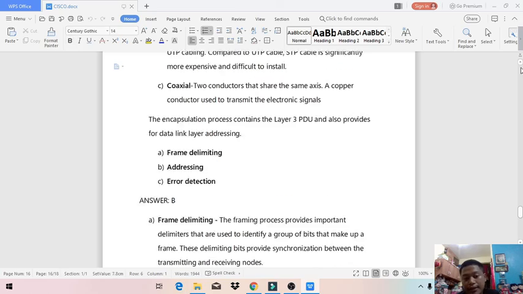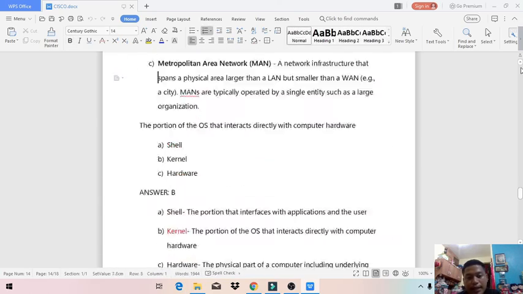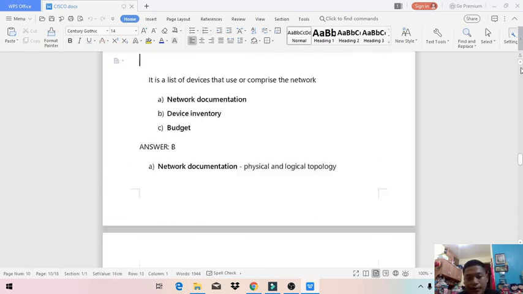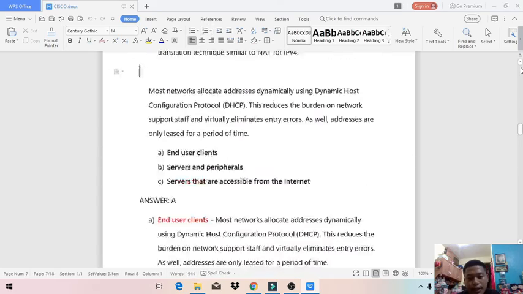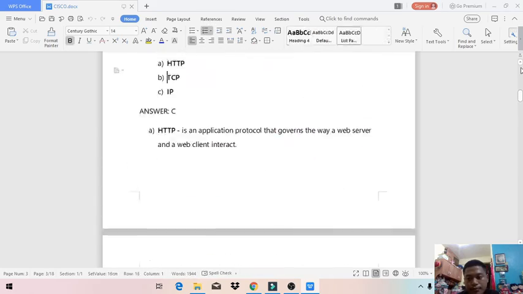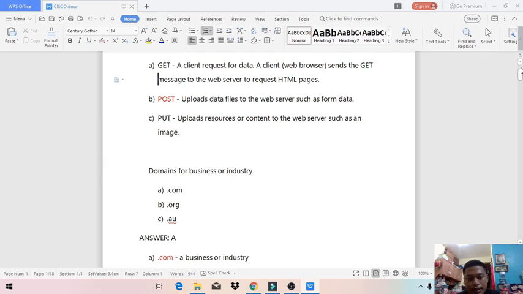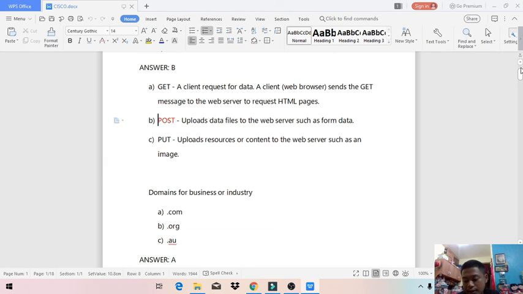The red word is the correct answer and the black is a wrong answer.